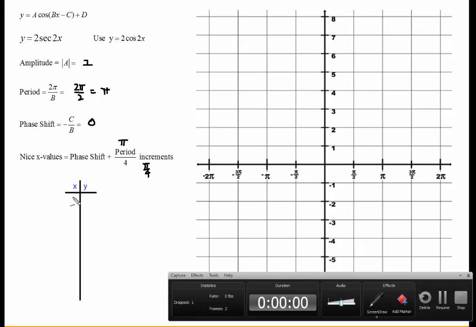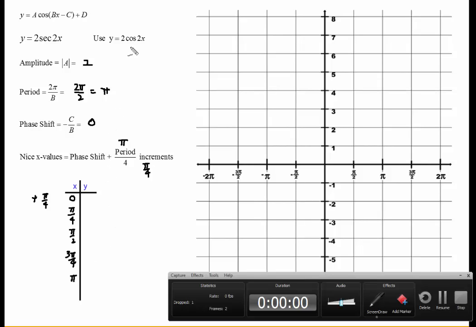So if we started with 0, since there is no phase shift, for the first x value, we keep adding pi over 4 to this all the way down to get our 5 nice values. 0 plus pi over 4 is pi over 4. That next one would be 2 pi over 4, which would reduce to pi over 2. The next one would be 3 pi over 4, and then we would get to pi here.